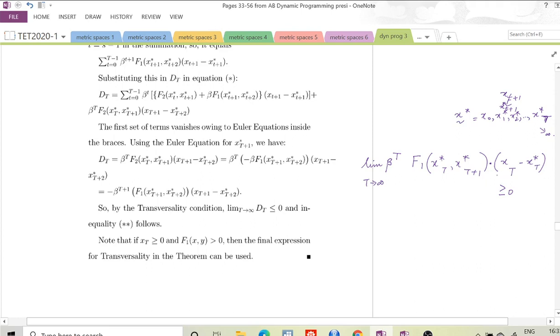So what you're saying is that you cannot have a feasible path x tilde starting at x naught, such that the limit of this is negative. That is being ruled out, that the limit of this is negative.